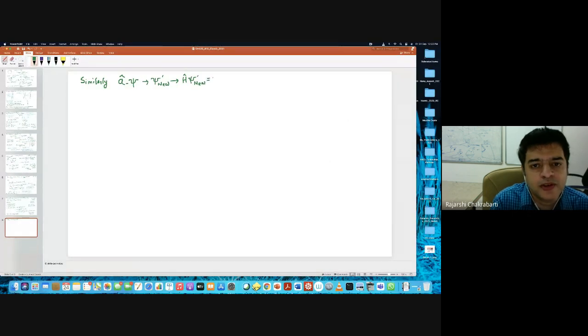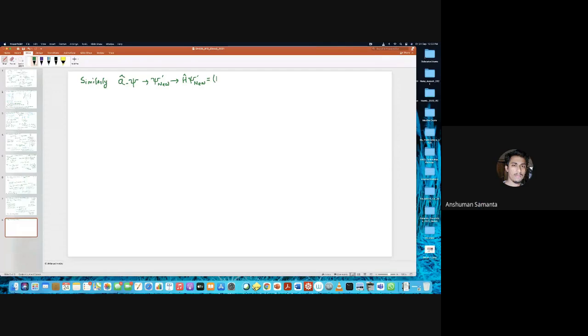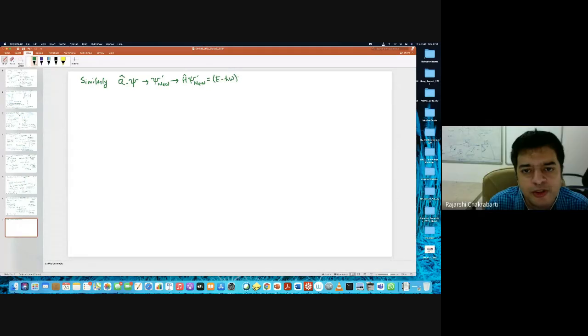What will be the eigenvalue? Sir, E minus h nu. E minus h cut omega. Yeah, or h nu, doesn't matter. So then what should I call this operator? It's called the lowering operator. Okay?